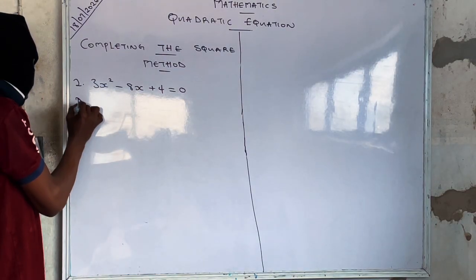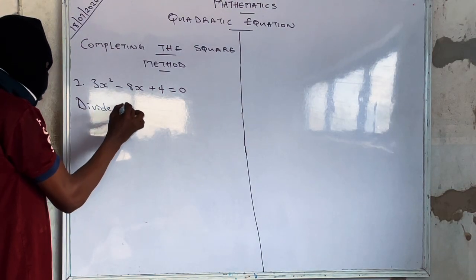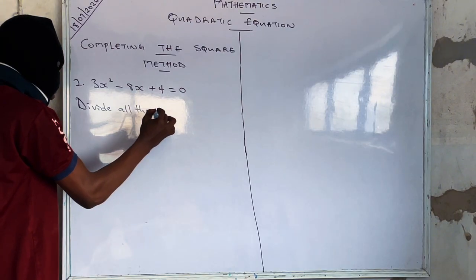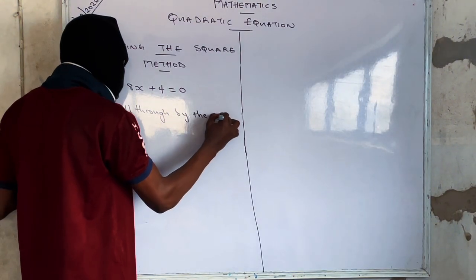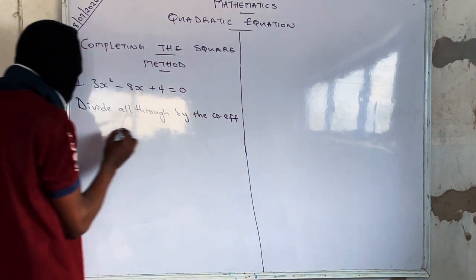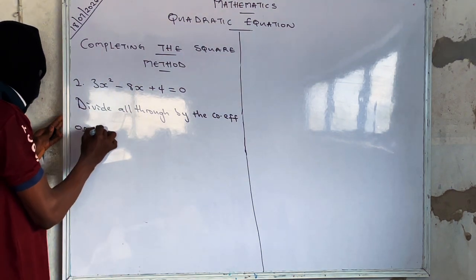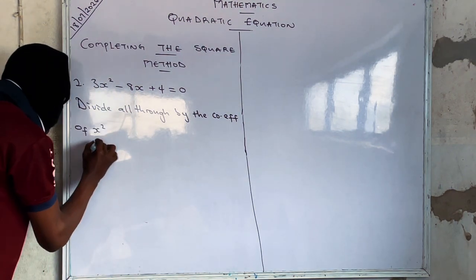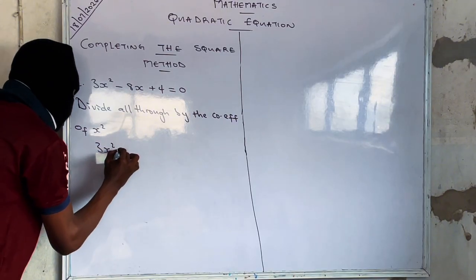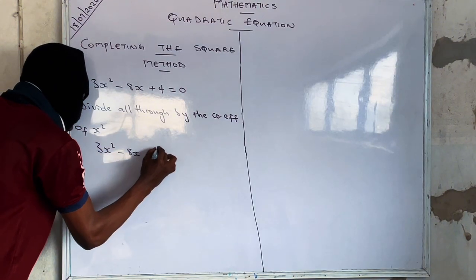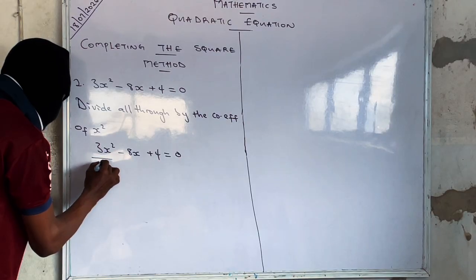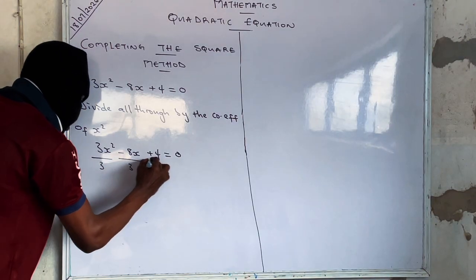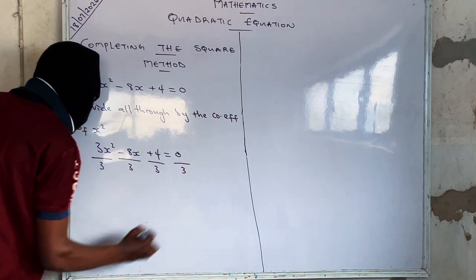Now divide all through by the coefficient of x squared. Since we have 3x squared minus 8x plus 4 equals 0, we divide all through, that is over 3, over 3, over 3, then over 3.